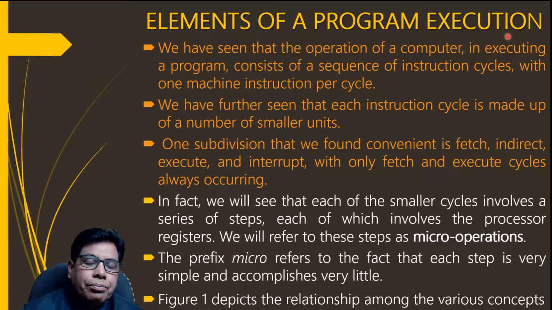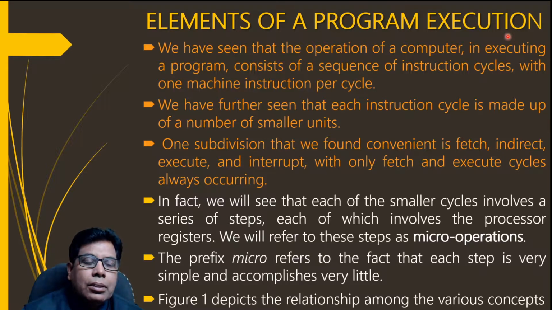As we have seen, the execution of a program consists of execution of the instructions, and this is done by fetching the instruction and then executing the instruction. So these two are common for all the instructions, fetch and execute cycle, whereas the indirect and interrupt cycles will be present if they are required by the instruction.